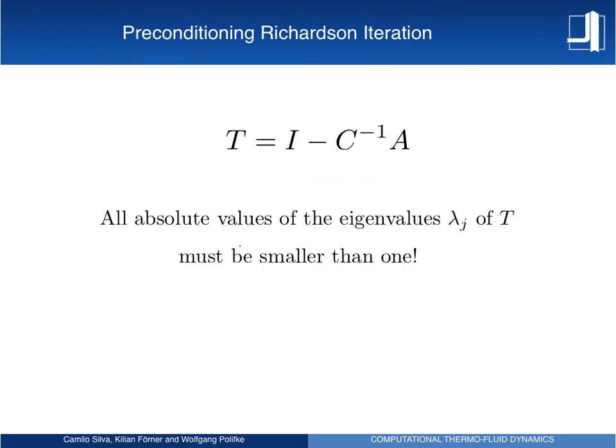So we can now state that we need the absolute value of all eigenvalues of T to be smaller than 1, so that we assure that the error will always be decreasing and not increasing.